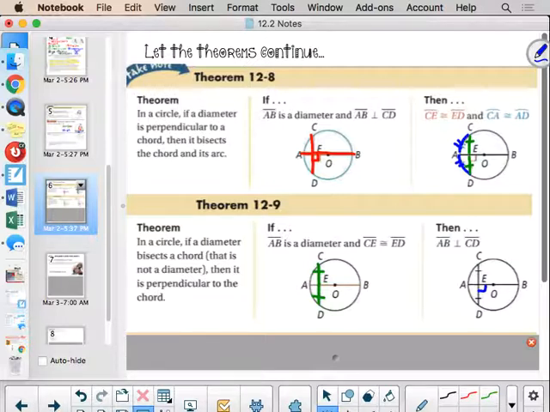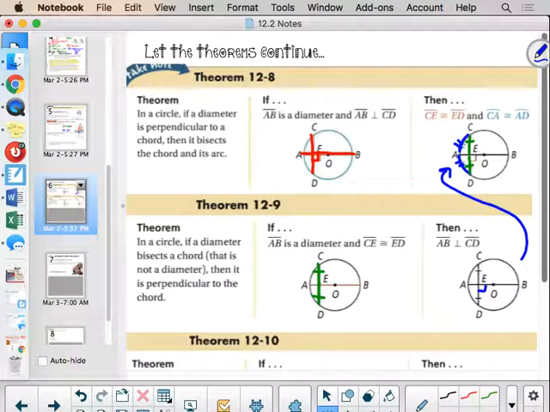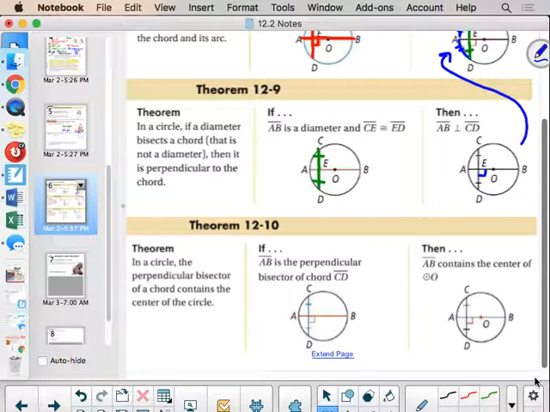So I can add in the right angle marking. These 2 theorems kind of go hand in hand. Because if I know that this is true, then I can say, ta-da, my little baby arcs are congruent. You still with me?